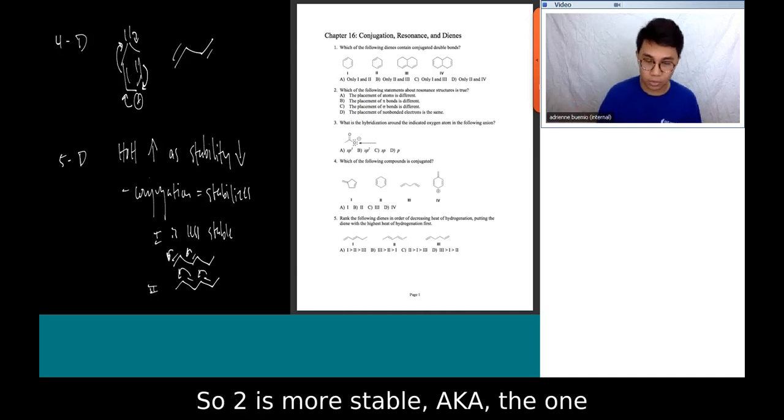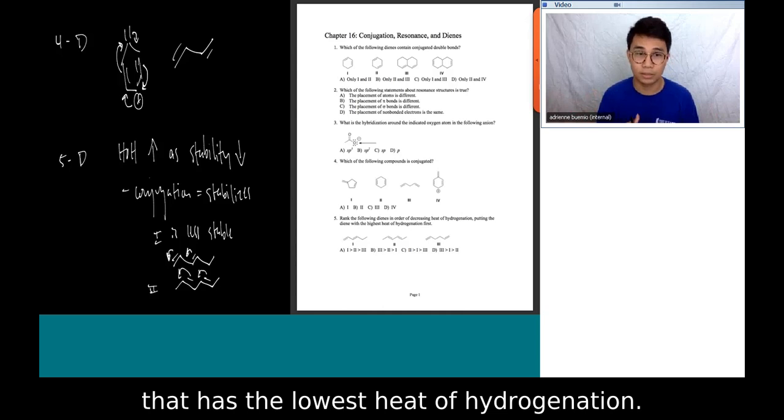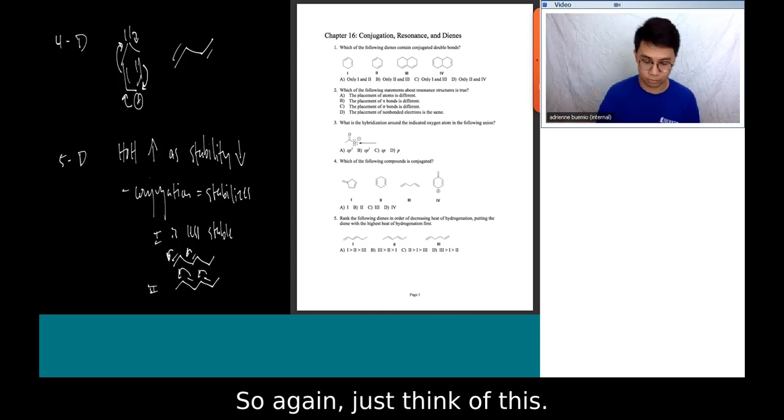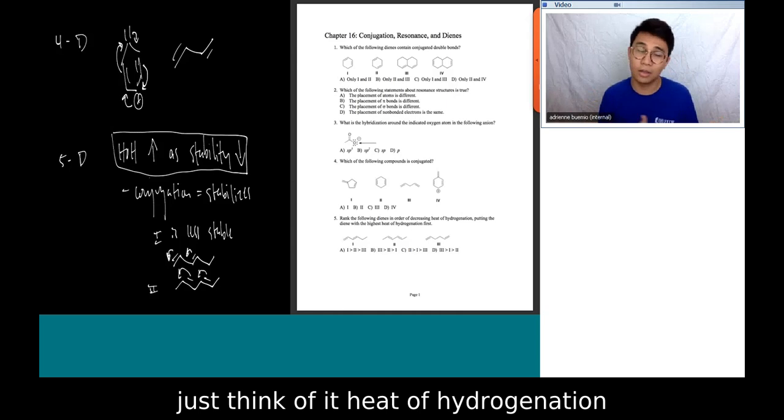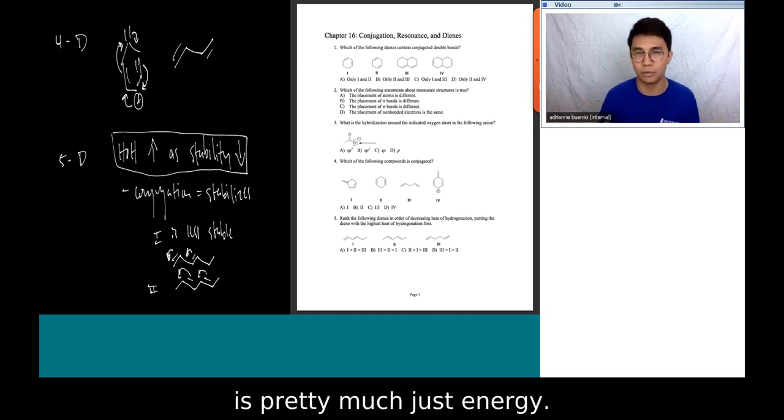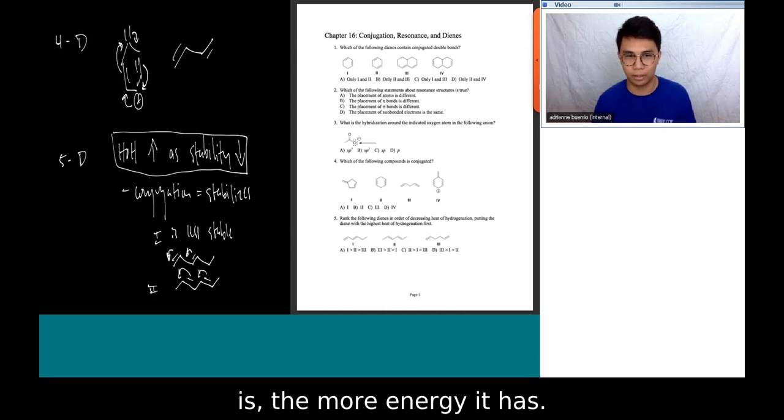So 2 is more stable, aka the one that has the lowest heat of hydrogenation. So again, just think of this, and I know heat of hydrogenation is not really energy, but just think of it that way, heat of hydrogenation is pretty much just energy. So we know the less stable something is, the more energy it has, right?